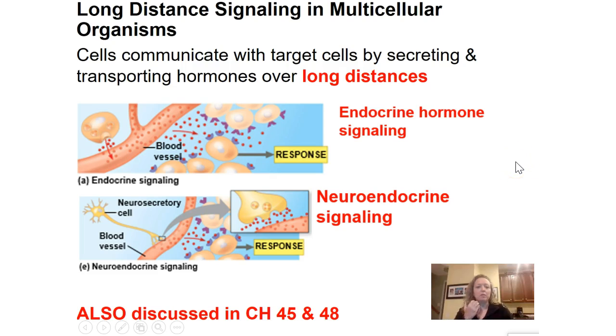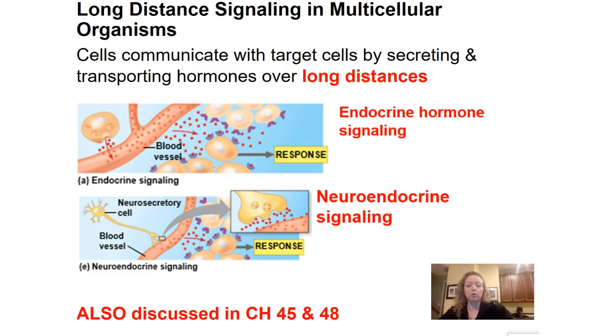And then the last two types of signaling in multicellular organisms would go over a much longer distance. So endocrine hormones would be when an endocrine gland secretes a hormone molecule that then travels through the bloodstream to target cells very, very far from the origin, and then they bind specifically to receptor proteins on the outside of that target cell and cause a signal transduction response in the cell.